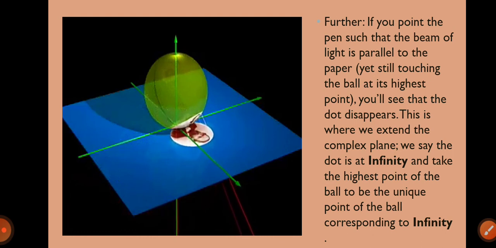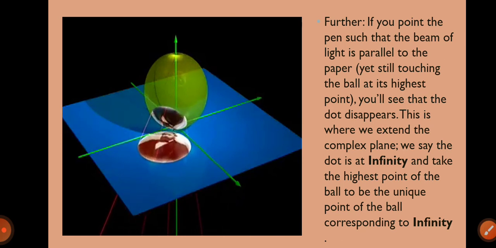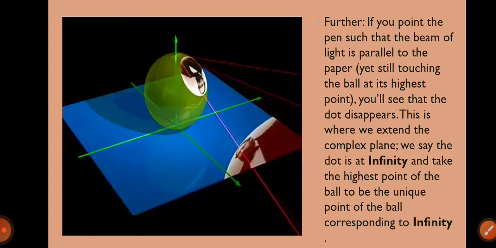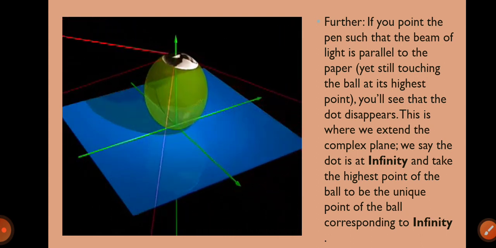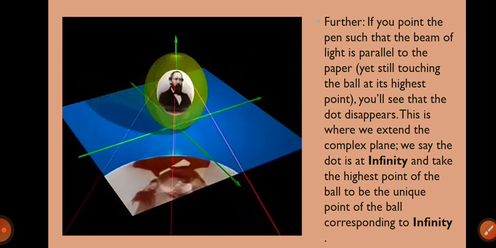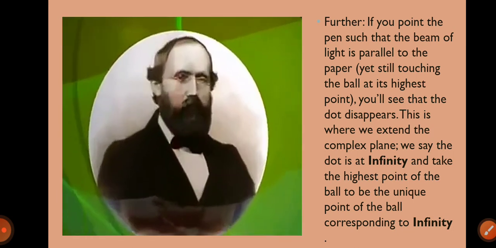As we see, when the beam is parallel to the paper, the result will change. Now the point is at infinity. This is the simplest video on the Riemann sphere.